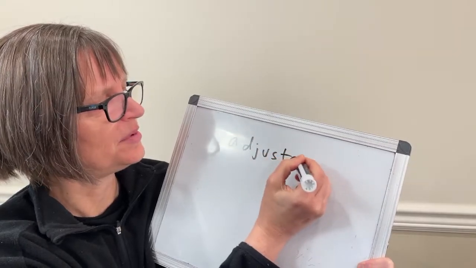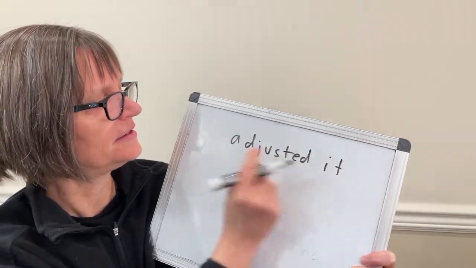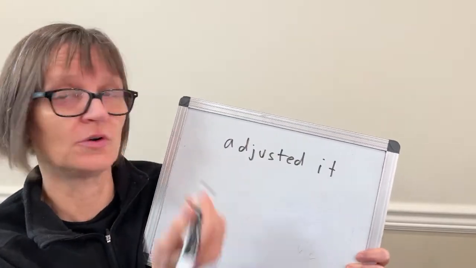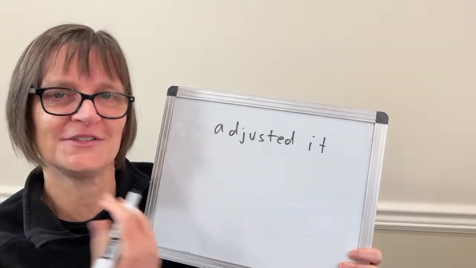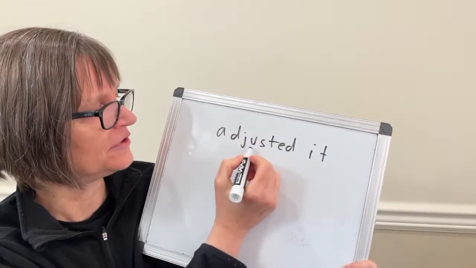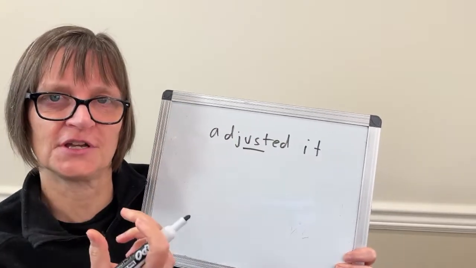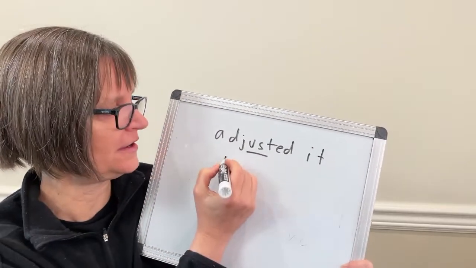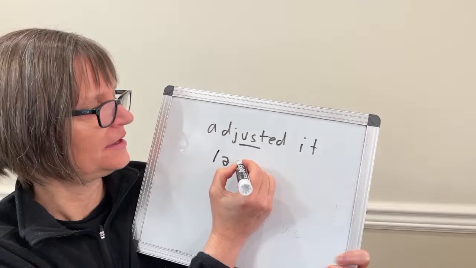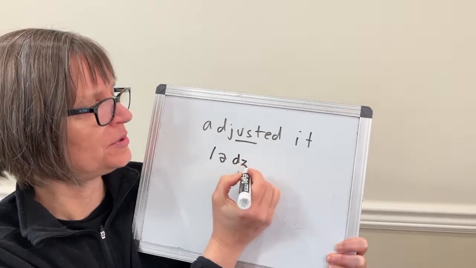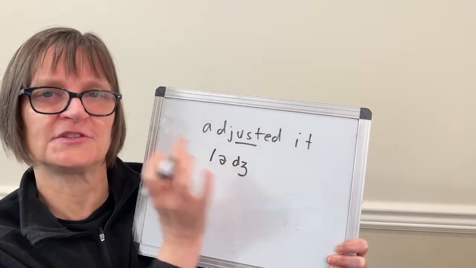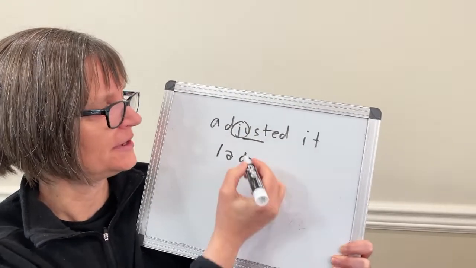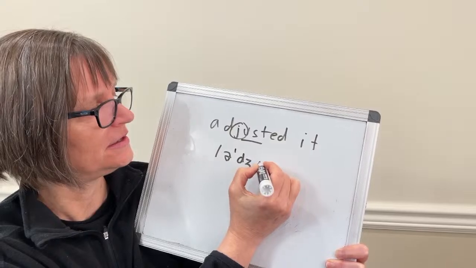This is an example of, in "adjusted," we don't really say that D, like the L in "always," because we're stressing on the J syllable. The letter A is going to be an unstressed schwa sound. And this symbol is not a D and a J. It's the symbol for the J sound that we spell with J. So "adjusted."